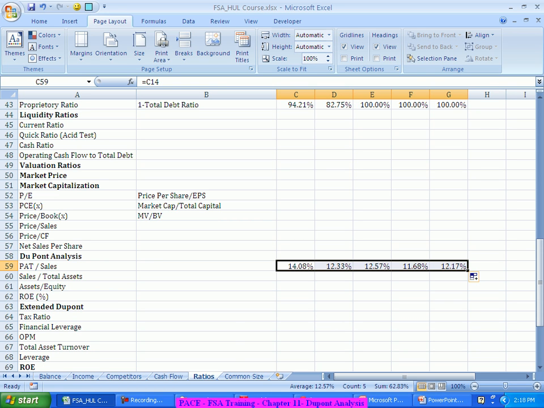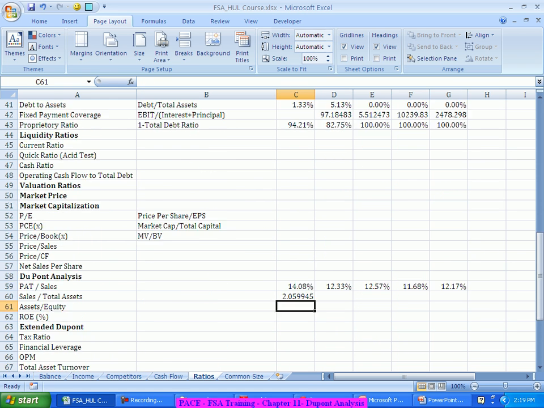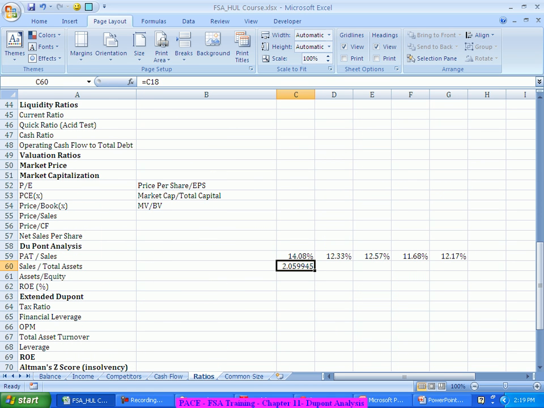The company has decreased during this. Then sales by total assets, the asset turnover, we have already computed that. Even this way, compared to the last few years, the company has decreased, from 2.05 and 2.45 to 1.92. So even in this efficiency aspect, there is some reduction compared to 2008 and 9.